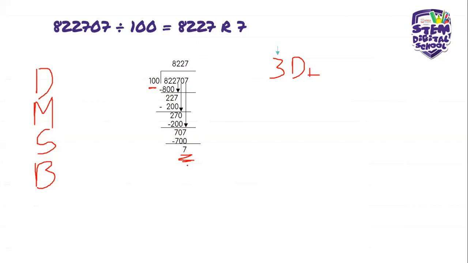10 seconds to write the answer. Pause for answer. 10, 9, 8, 7, 6, 5, 4, 3, 2, 1. Pause. 10 seconds to remove pause.